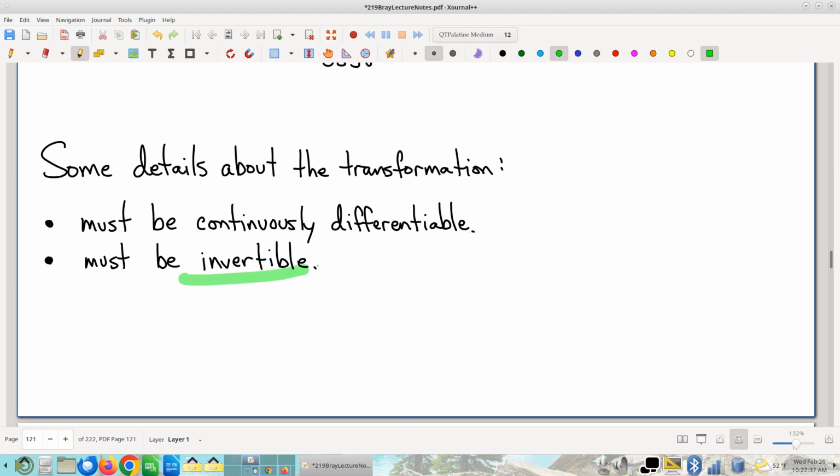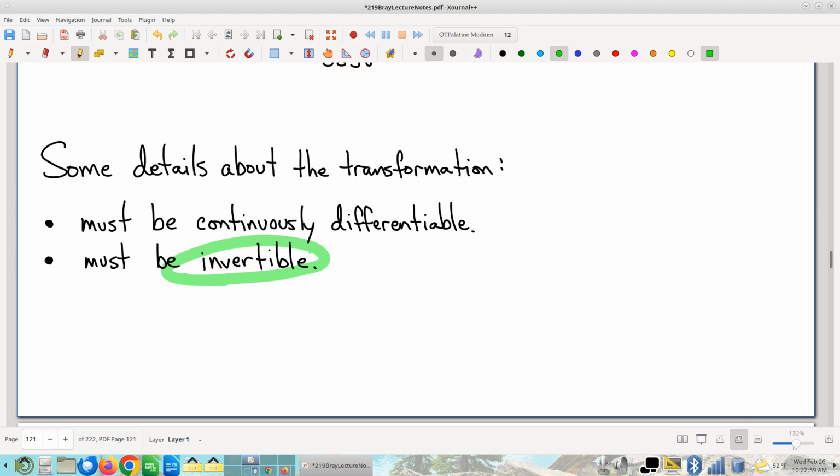It also has to be invertible, and this is a more subtle point. It's less immediately clear why we would need to care about this. It turns out to matter really importantly. And if we had loads and loads of extra time, I would love to talk about exactly why that's important.